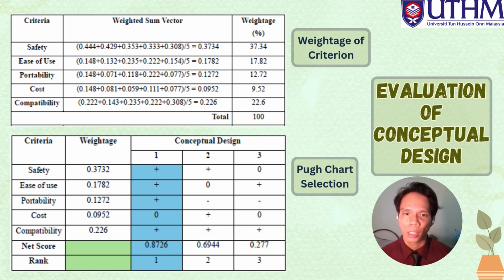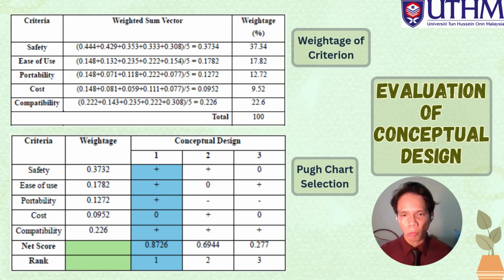From this weightage, we can determine the proof chart for each conceptual design. If the design has advantages on that criteria, I put plus score. If it's neutral, I put 0. If it doesn't have that feature, I put minus.